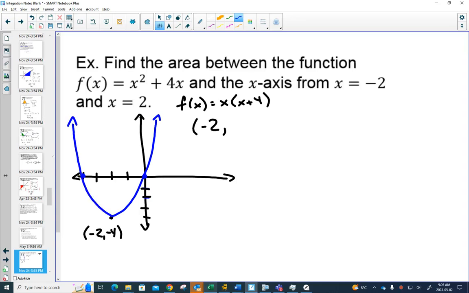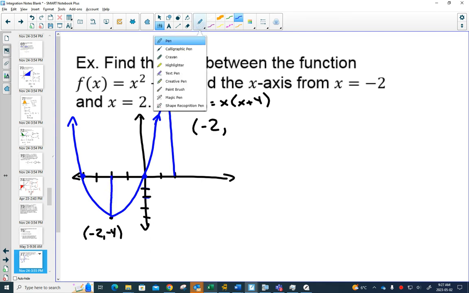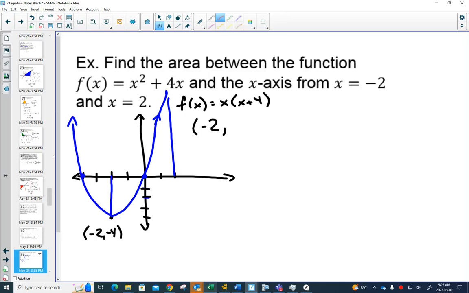Here's my graph, and if I want to find the area from -2 to 2, I am going to have part of my area be negative, and part of my area be positive.